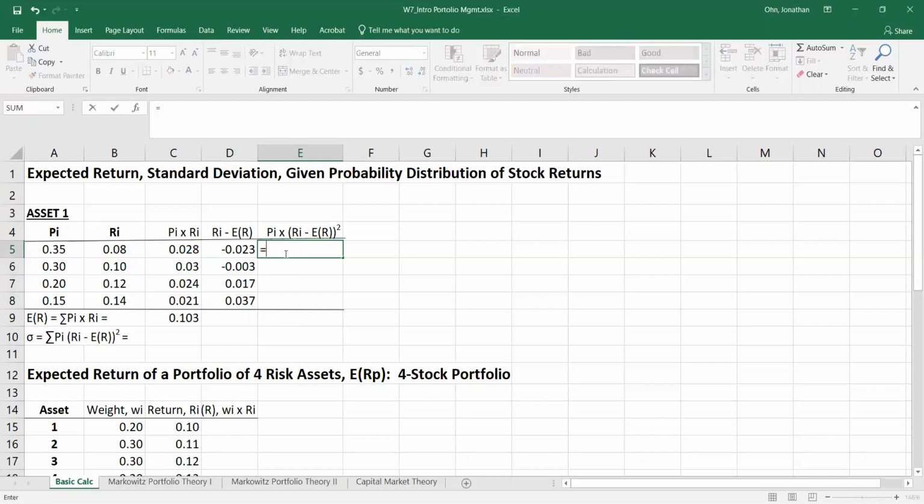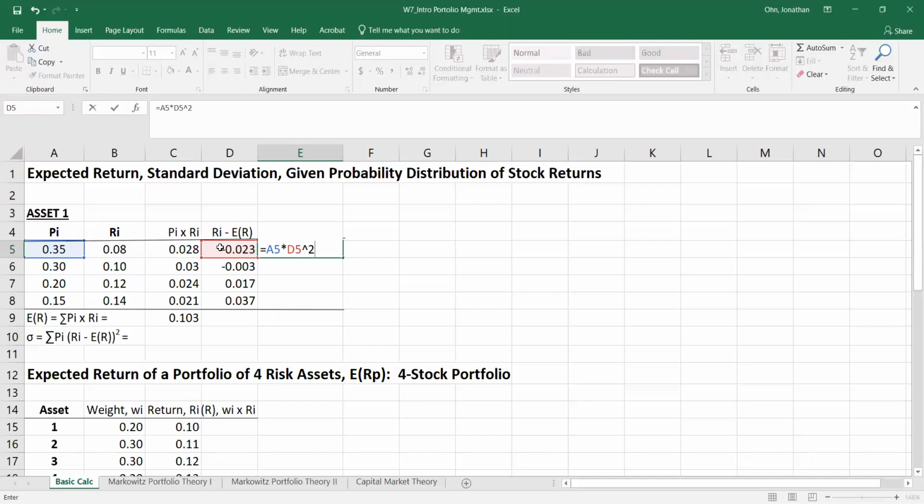So probability times this one squared. So this is the weighted sum of squared deviations of return. In words, that should be the definition.